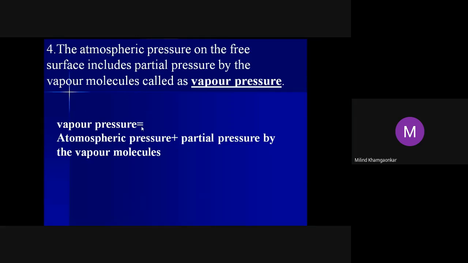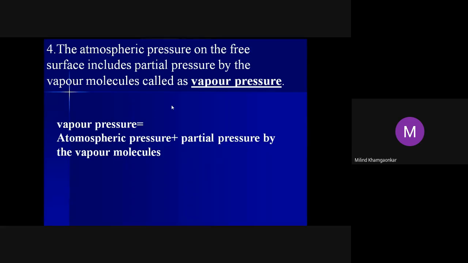Based on this concept of vapor pressure, we will define two or three concepts later on. So what is vapor pressure? Vapor pressure is the pressure at the surface of a water body, at the surface of any reservoir, river, pond or lake from which water gets evaporated, or at the surface of wet soil or land where evaporation is taking place.